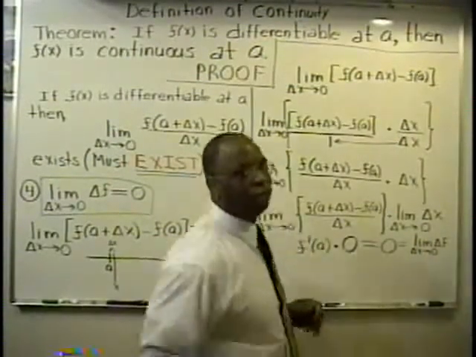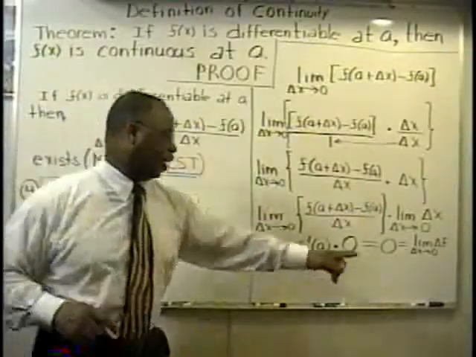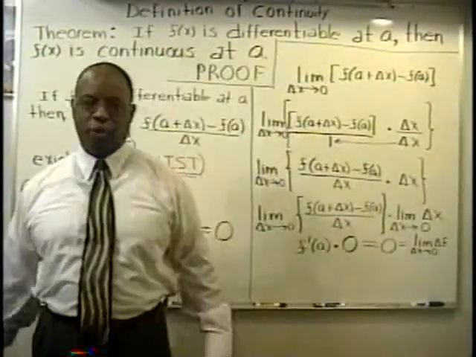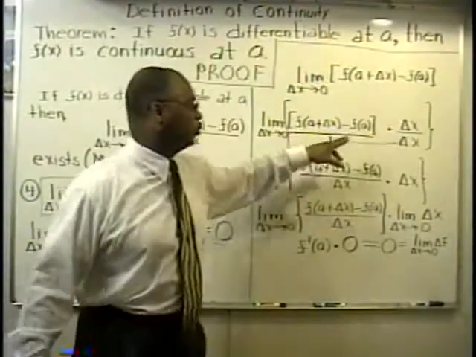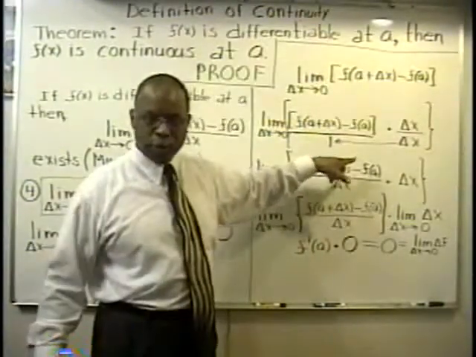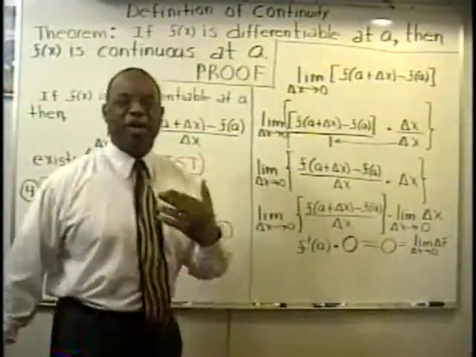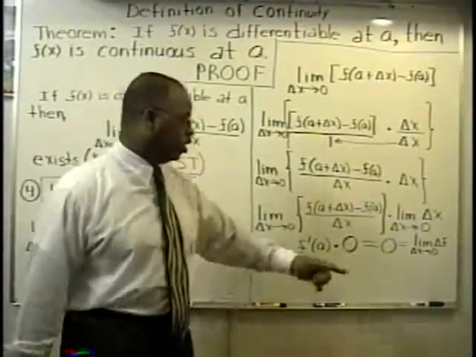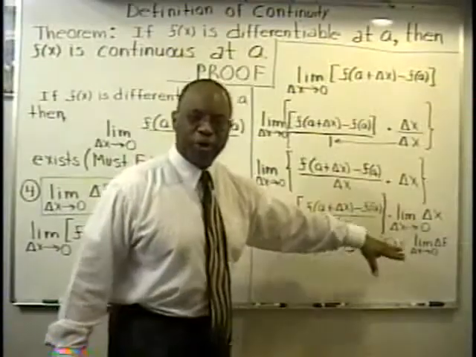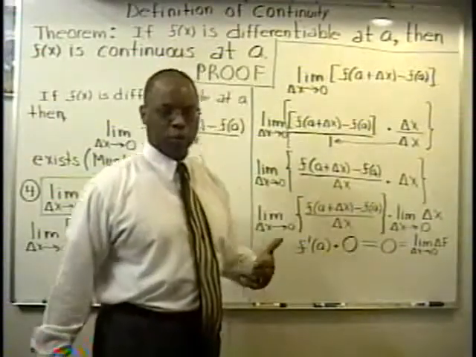In order for a function to be continuous at a point, this must equal 0. And this was just another way we rewrote delta f in a different form using algebra and equivalent fractions. So we did not change it. We just rewrote it in a different form.